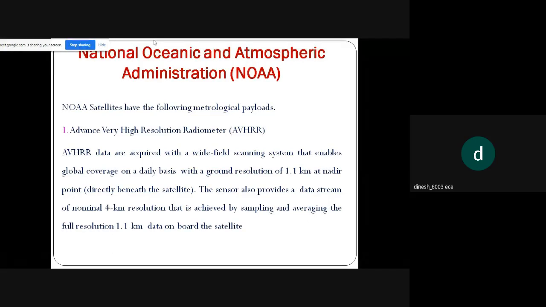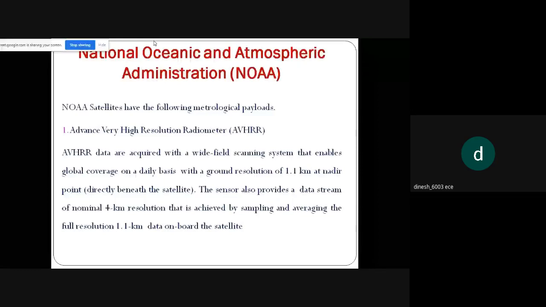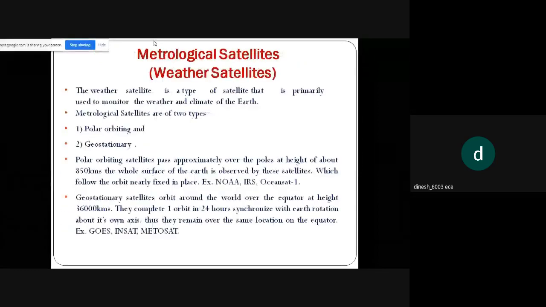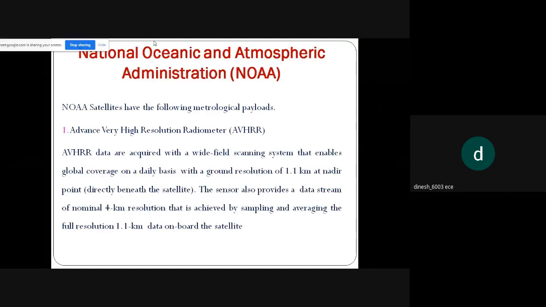It uses the following meteorological payloads. One is the Advanced Very High Resolution Radiometer, AVHRR. This radiometer is used in NOAA polar orbiting satellites for weather monitoring. Here the data are acquired with a field scanner that enables global coverage on a daily basis, with a ground resolution of 1.1 kilometer at Nadir Point.